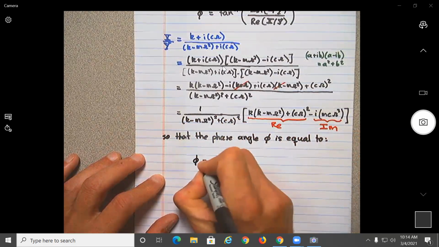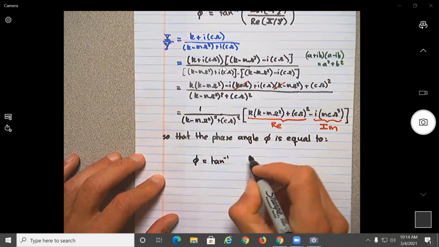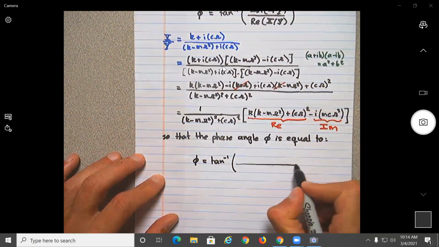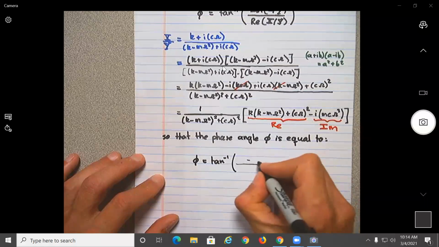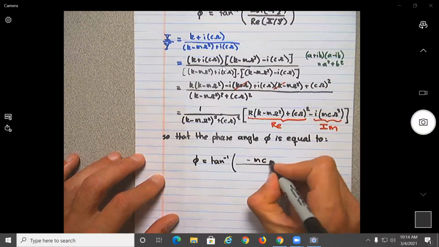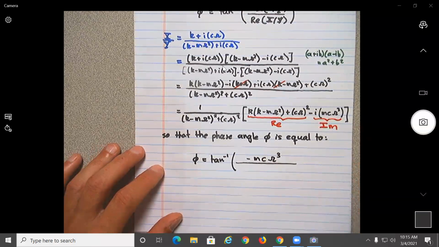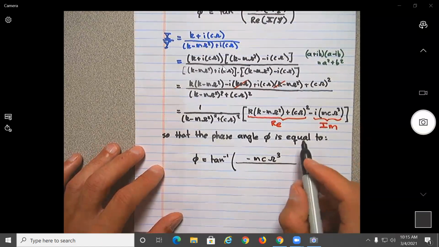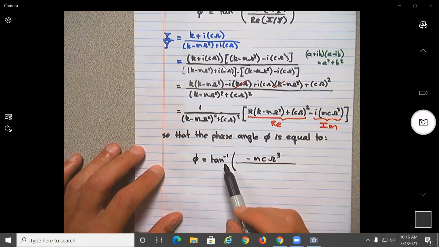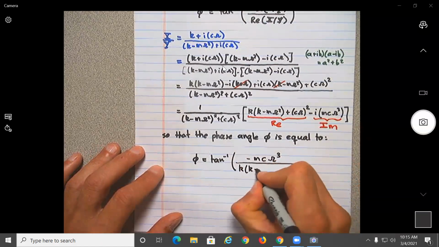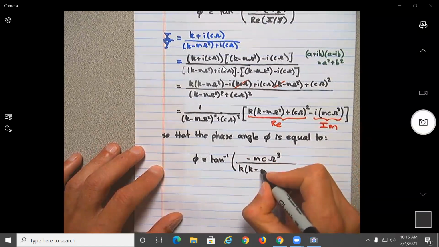So we have on top the imaginary part, which is equal to minus m c capital omega cube, divided by, and this will cancel, k times k minus m.